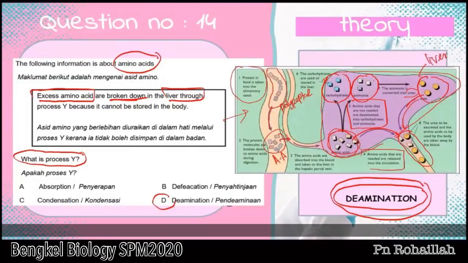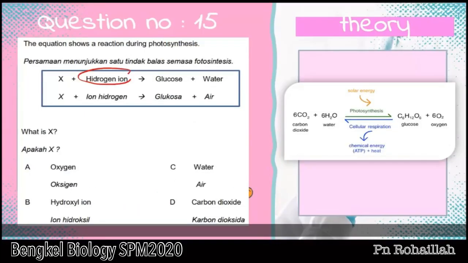Okay, next. Question number 15. The equation shows a reaction during photosynthesis. What is X? Hydrogen ion plus X becomes glucose and water. So look at the theory. Hydrogen ion plus carbon dioxide becomes glucose and also oxygen.